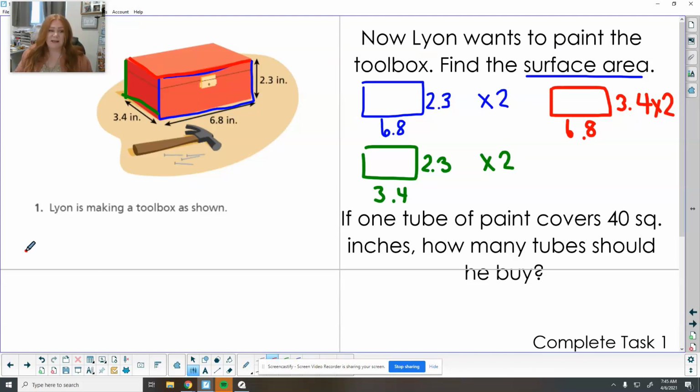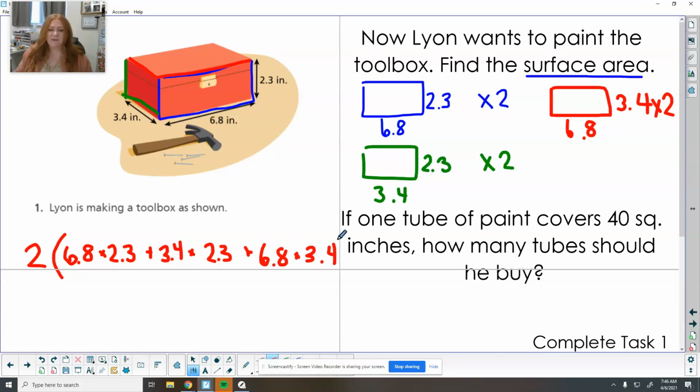So our formula is we have 2 of everything. We have 2 of 6.8 times 2.3, and we're going to add on, plus we have 3.4 times 2.3, and we have 6.8 times 3.4.